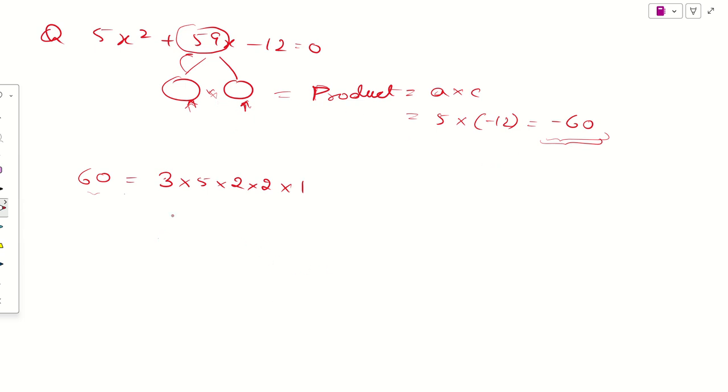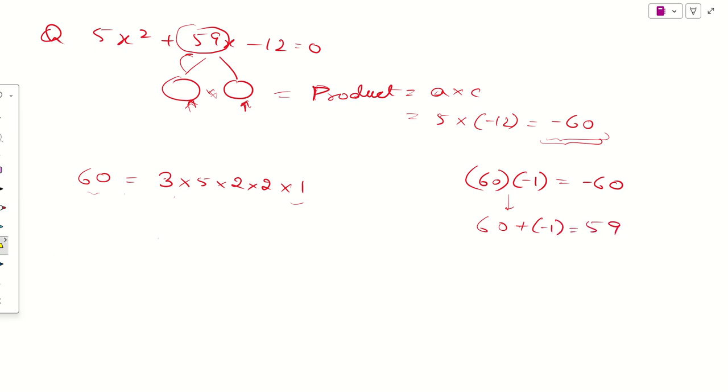It will be 60 and this one. If I multiply, how can we have minus 60 here? If I have 60 and another term minus 1, then only we can have minus 60 here. And if I do the addition of this, we get 59.